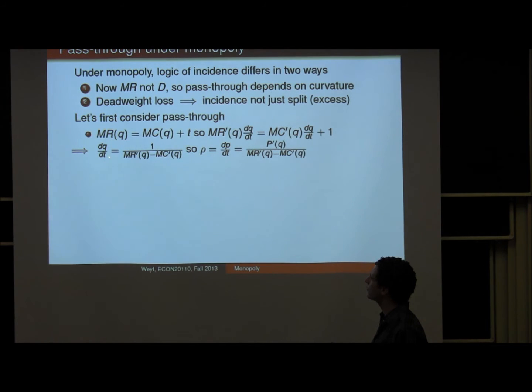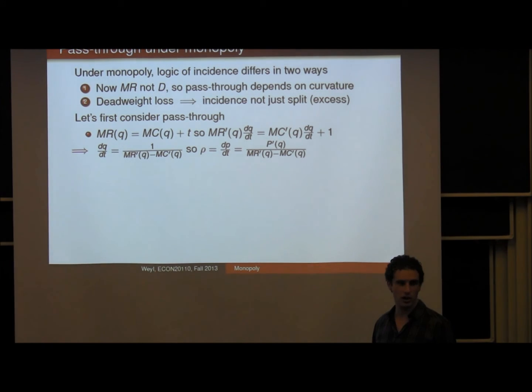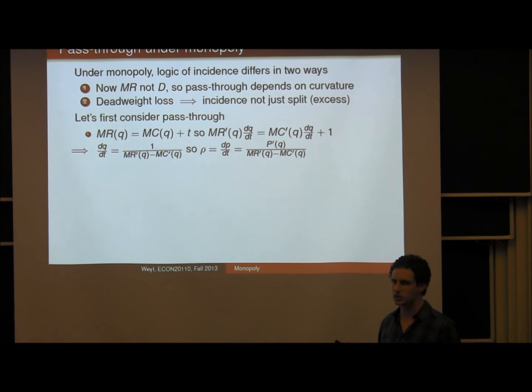And the derivative of quantity with respect to the tax is therefore equal to 1 over the derivative of marginal revenue minus the derivative of marginal cost. Now, how much does that lead to a change in price? Well, how much does price change when quantity changes? It's just the derivative of price with respect to quantity. And so the pass-through rate is P prime over MR prime minus MC prime.